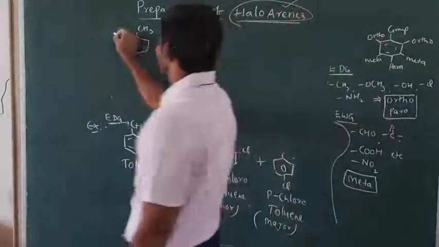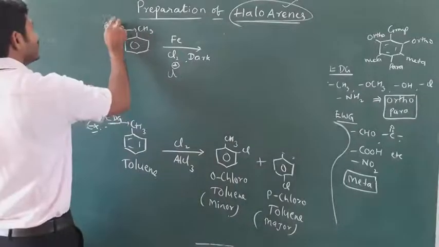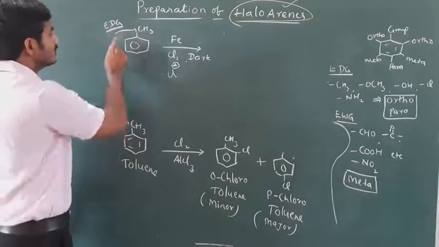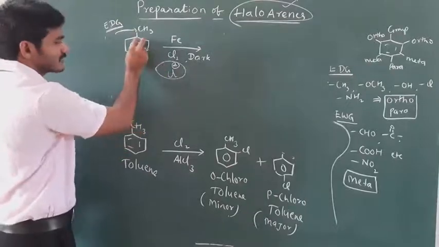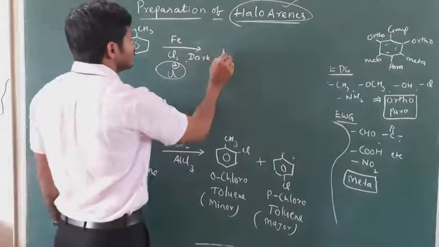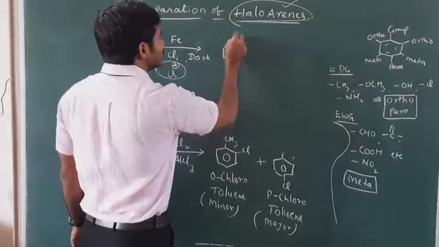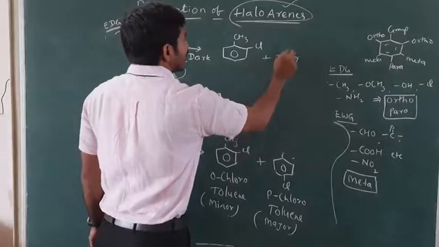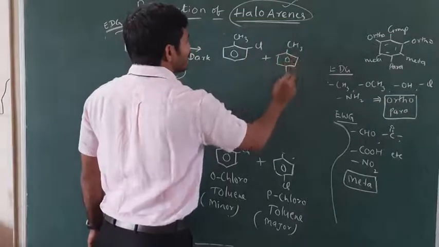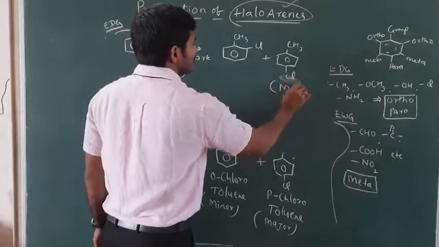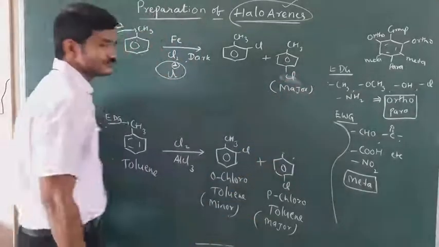As I told you, CH3 is an electron donating group. The substitution takes place at ortho and para positions. Which is ortho here? The position adjacent to CH3 is ortho, that is chlorine, and opposite of CH3 is para. Sorry, this will be the Cl. This is the major, parachlorotoluene.